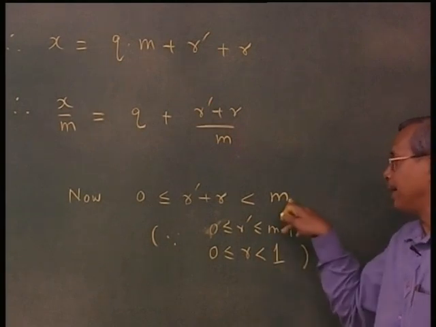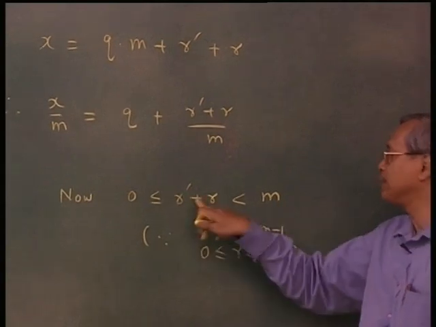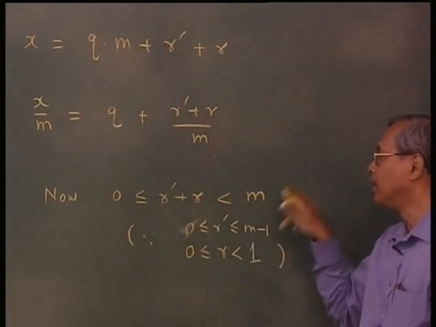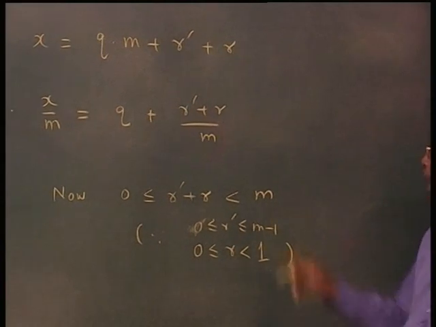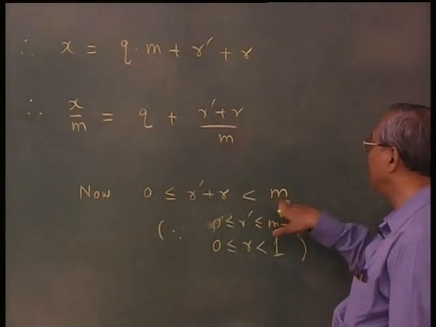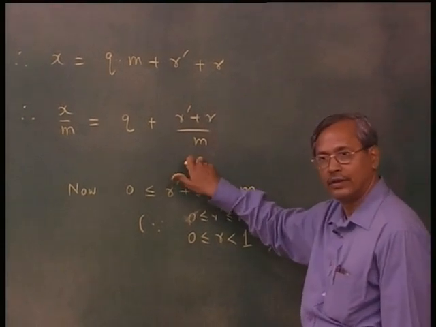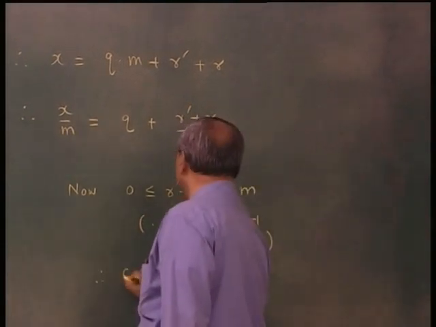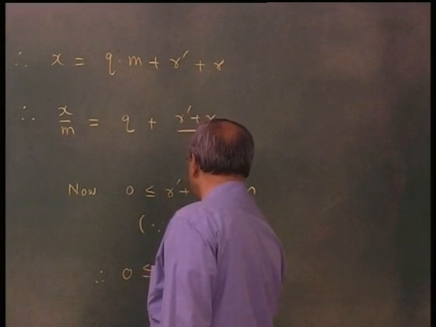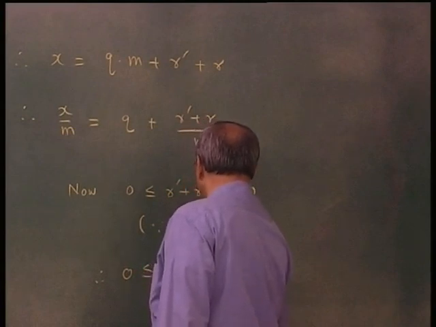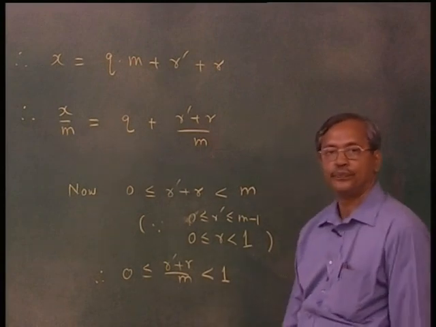Sum of these two is m. So r dash plus r less than m. Now, if r dash plus r is less than m, if you divide by m, you get this quantity which is less than 1. Therefore, 0 less than or equal to r dash plus r by m, which is strictly less than 1.